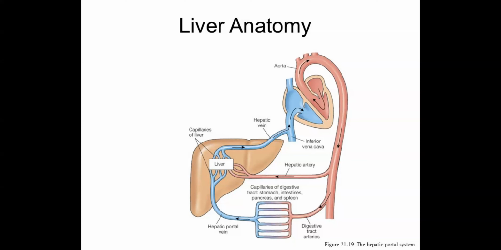Portal circulation, specifically hepatic portal circulation. Here, blood is provided to the liver with the help of the hepatic artery. Blood is also provided to, let us say, our alimentary canal.